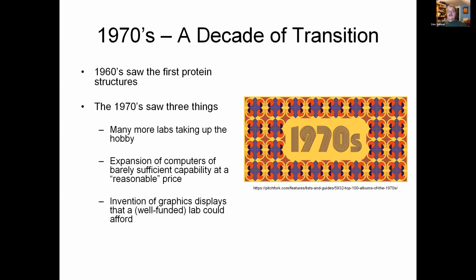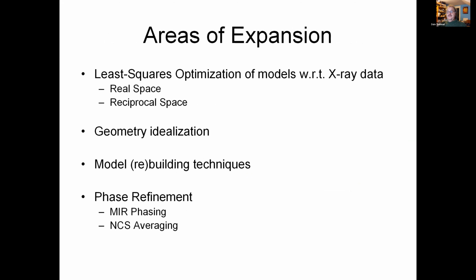And so people started thinking of how to put these together. And there wasn't really a great organization. There wasn't somebody saying this should be done. CCP4 hadn't even been conceived of yet. It's just people who are interested in these sorts of things picked up the tools and started down the road.